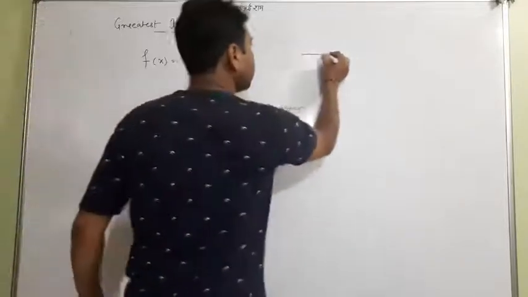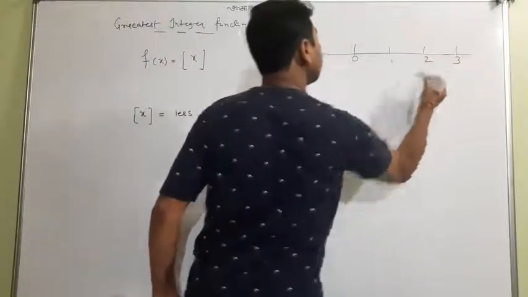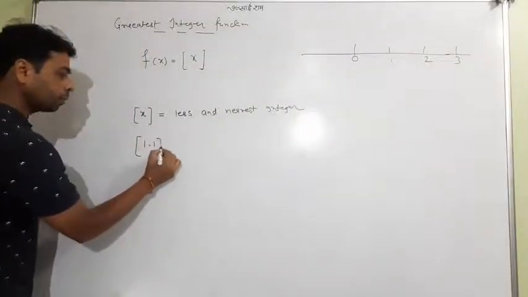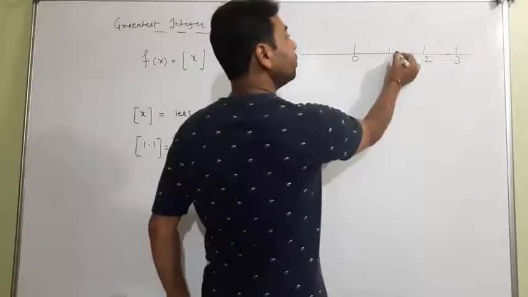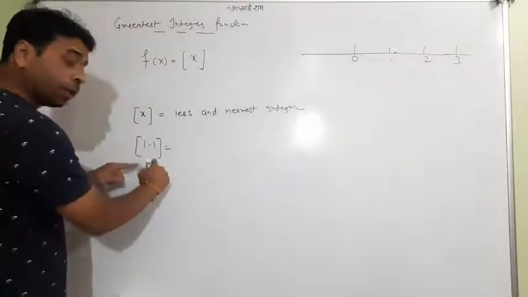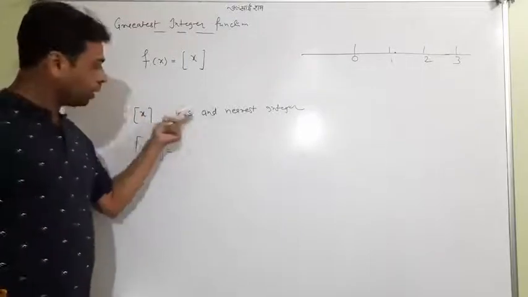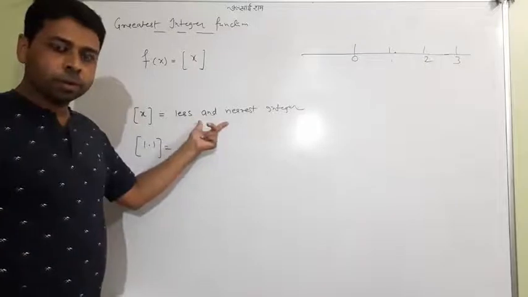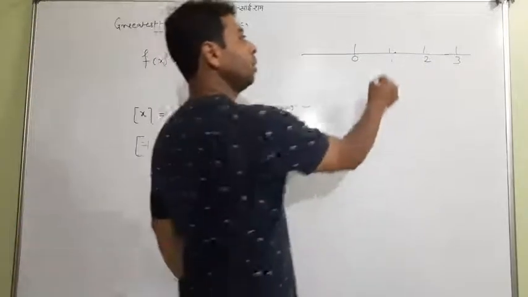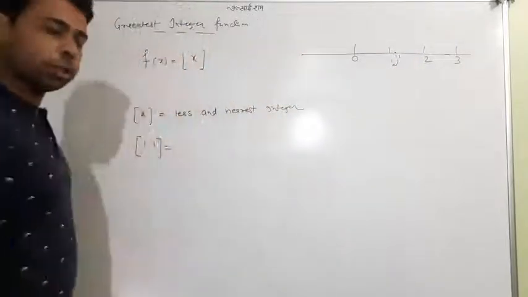Suppose I make a number line for you. This is 0, it is 1, it is 2, it is 3. Suppose I am putting 1.1 here. So when the greatest integer function operates on 1.1, it will give the less and nearest integer, which is 1.